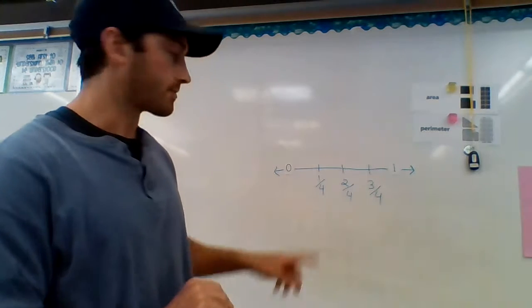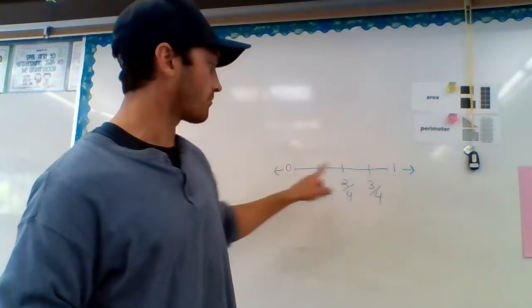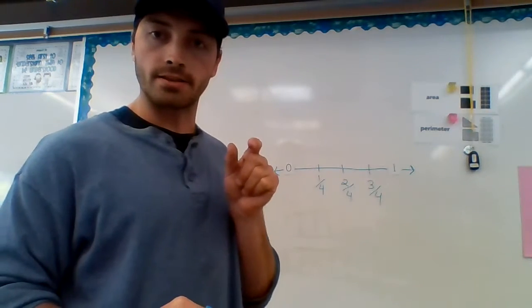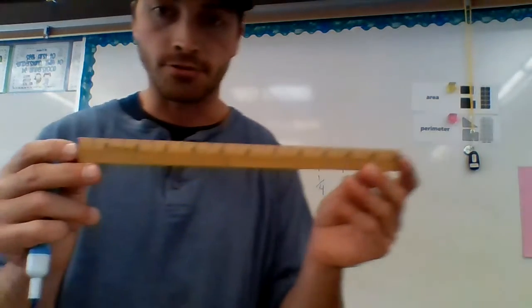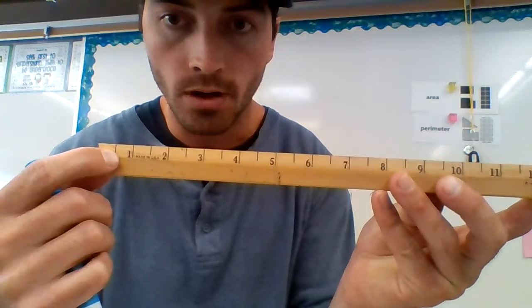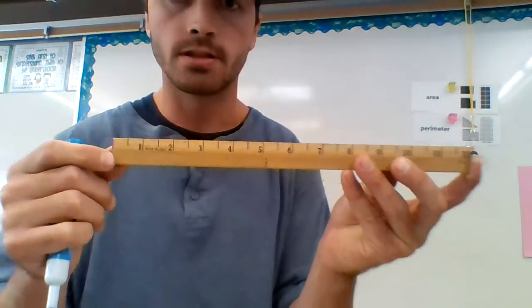Now that doesn't have to be. You can divide this into as many parts as you want from 0 to 1, as long as they are equal length. Okay, so here's a different ruler. You can see how this one only uses 2 parts. So there's 1 part, 2 parts.